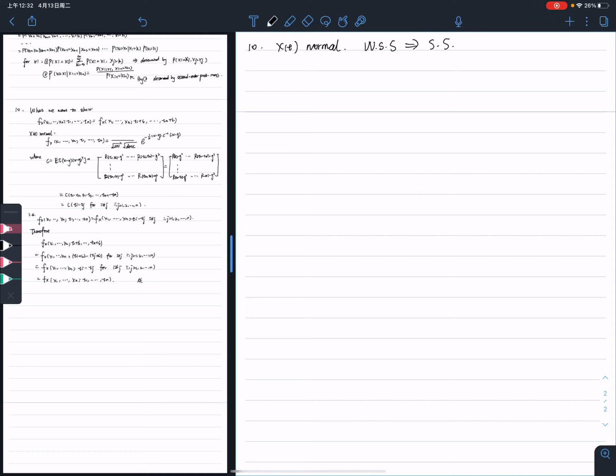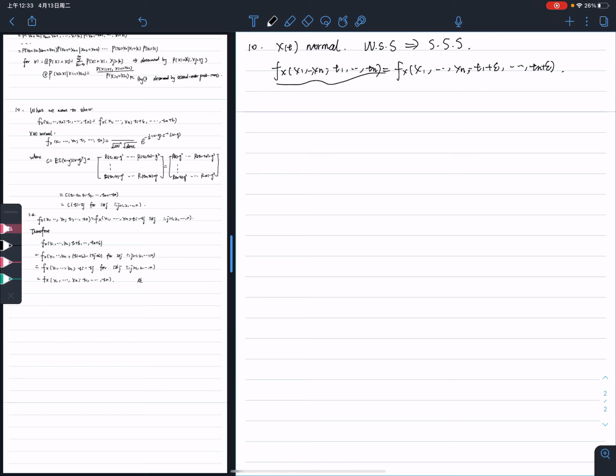So firstly, by the definition of strict-sense stationarity, we want to show that the probability distribution of X(t1), ..., X(tn) should be equal to the distribution of X(t1+ε), ..., X(tn+ε) with the time shifted by epsilon.